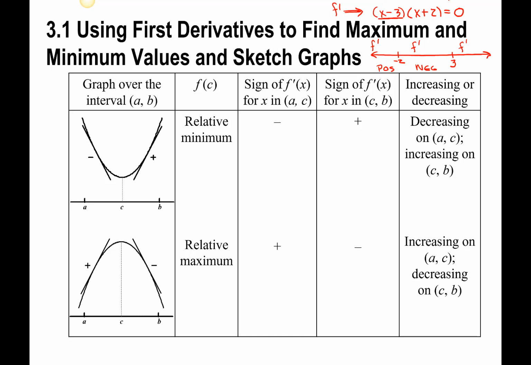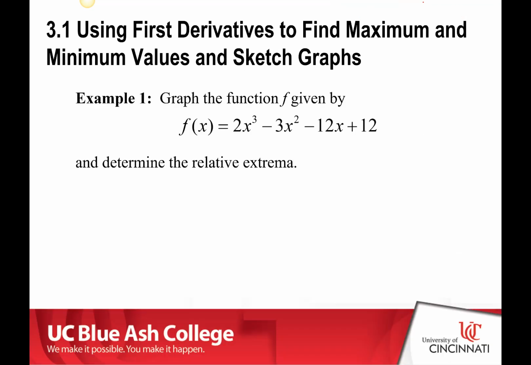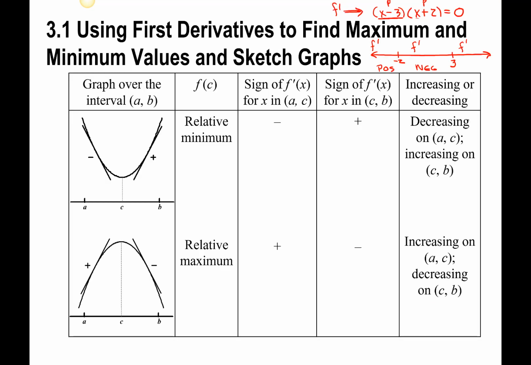All I need to know is the slope positive or negative? Choosing something to the right of 3, that would be something like 4. If I substitute in 4, in the first factor we have 4 minus 3, well that's going to be positive. In the second one we're going to have 4 plus 2 is 6, that's going to be positive. And a positive times a positive is going to be a positive.